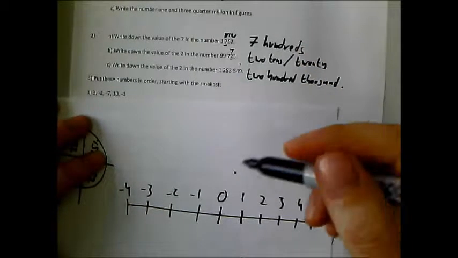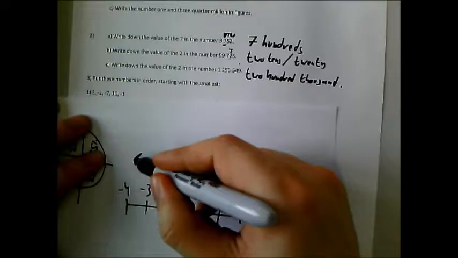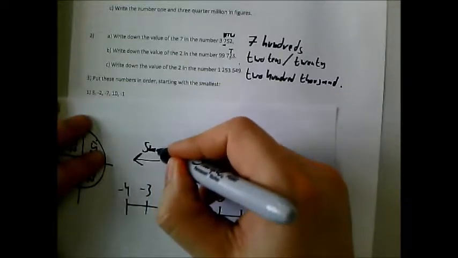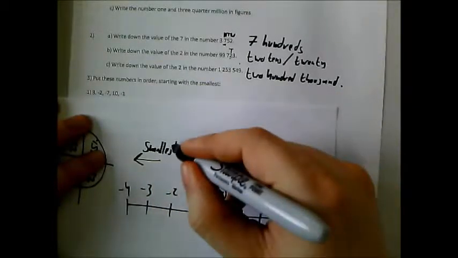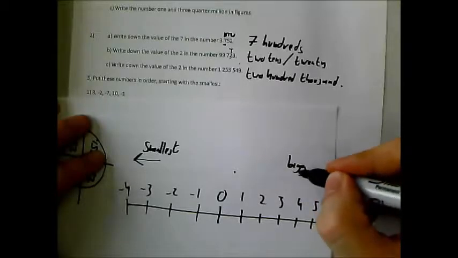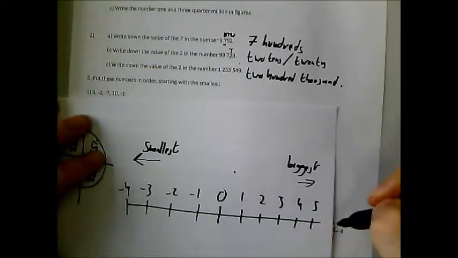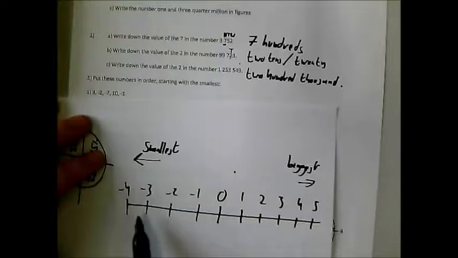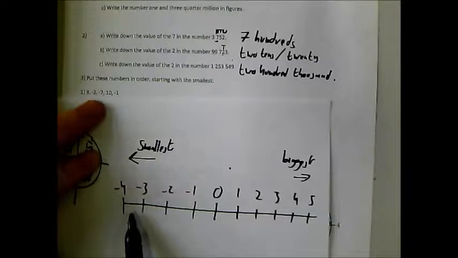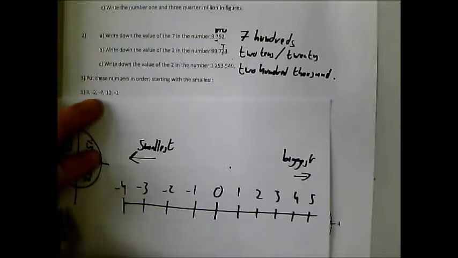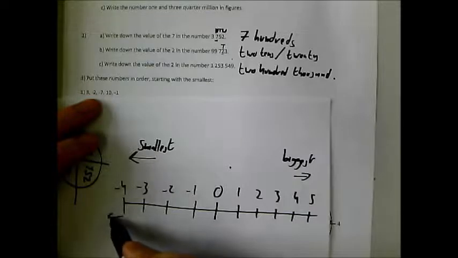So the smallest numbers go this way, and the biggest numbers go that way. So the furthest number to the left is negative 7. It's not on here, but I know it's going to be all the way down there.